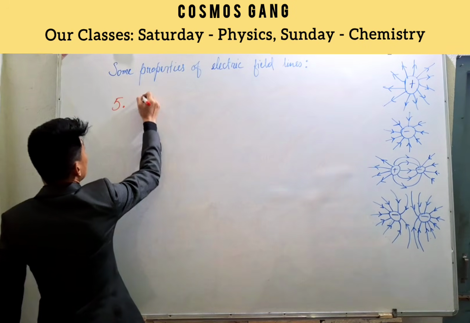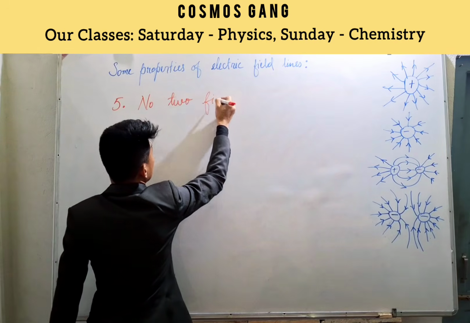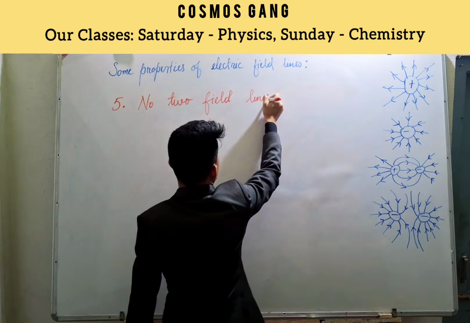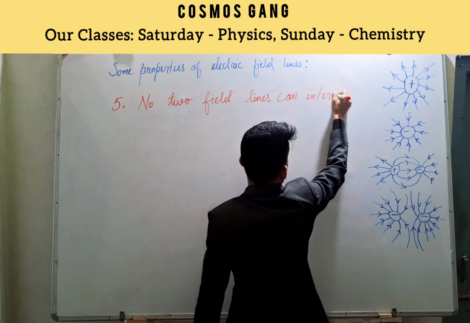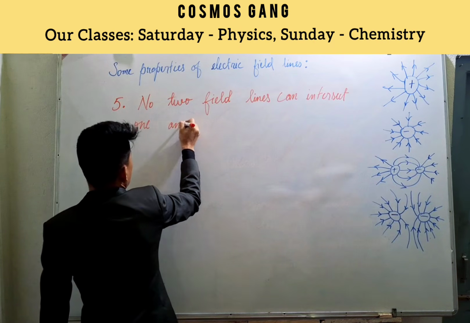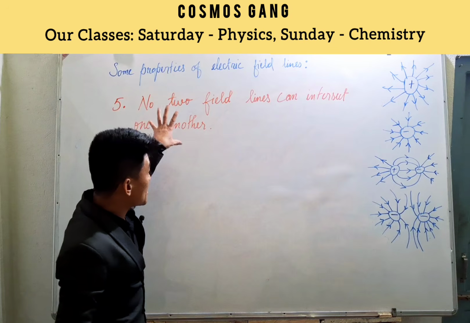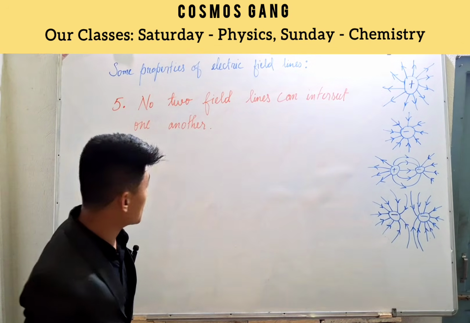That means no two field lines can intersect one another. We'll come to this point later on, but we'll complete the properties of electric field lines first.